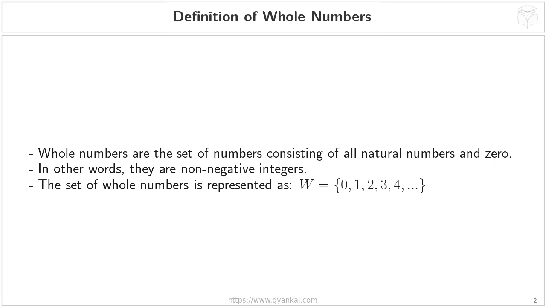So we're listing 0, 1, 2, 3, 4, and the 3 dots, called an ellipsis, indicate that the pattern continues infinitely. It means the list goes on forever, including all positive integers after 4. Keep this notation in mind, as it's a concise way to talk about the entire set of whole numbers. On the next slide, we'll look at how whole numbers relate to natural numbers and how they differ.